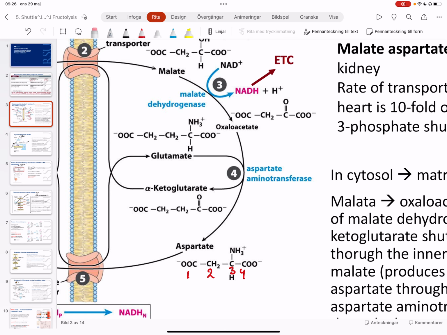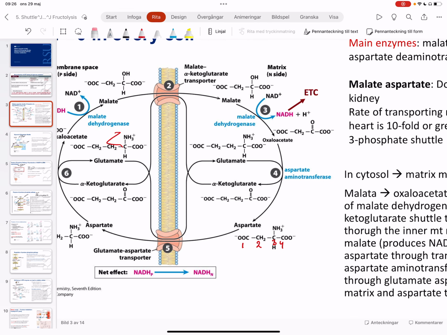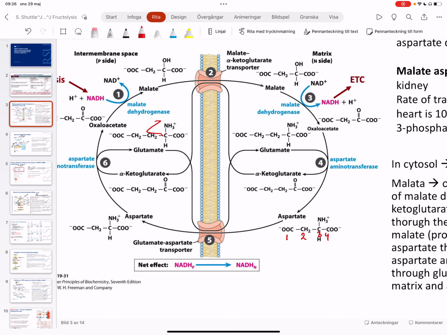Hopefully that makes sense. Then aspartate can be transported out of the matrix to the intermembrane space by the glutamate aspartate transporter. So basically aspartate goes out and glutamate enters. And it's really crucial that glutamate enters, because then that's when we can do the conversion of oxaloacetate to aspartate.